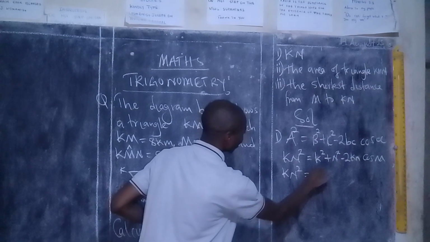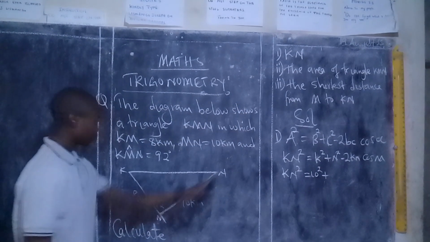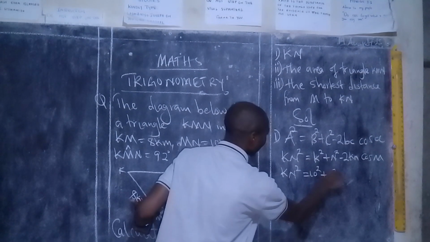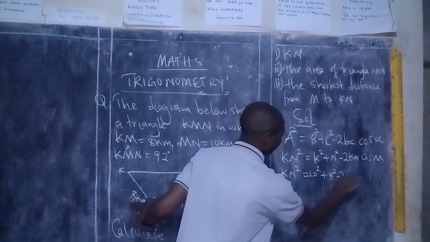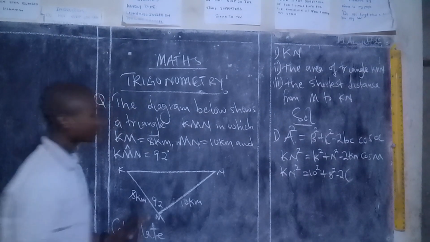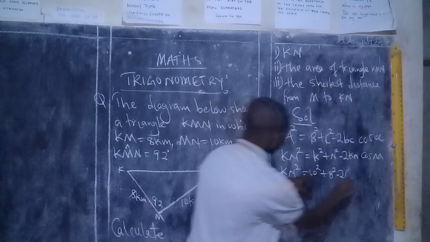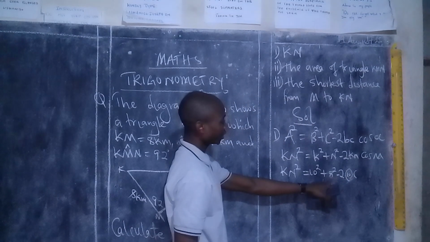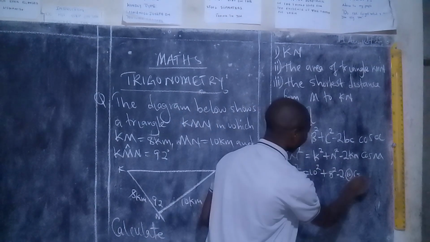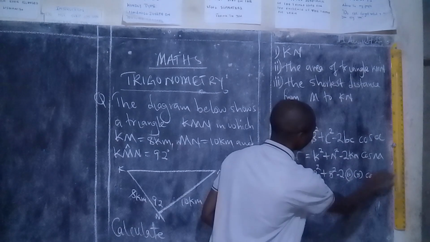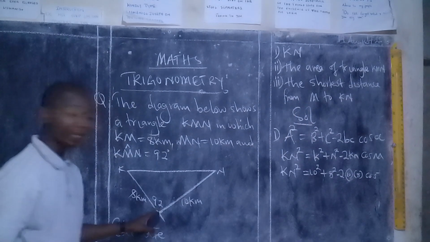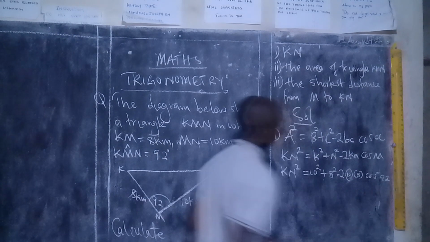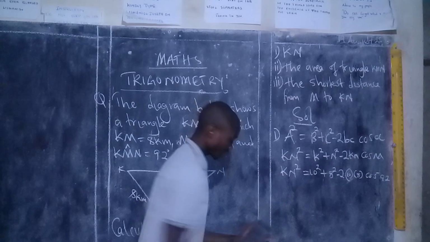So write 10 squared plus n, that is the opposite side, which is 8 squared, minus 2 open brackets, our k, that is 10, so write 10, open brackets, we have 8, which represents n, so we have 8 there, cos our angle, that is 92 degrees. So write 92 there.